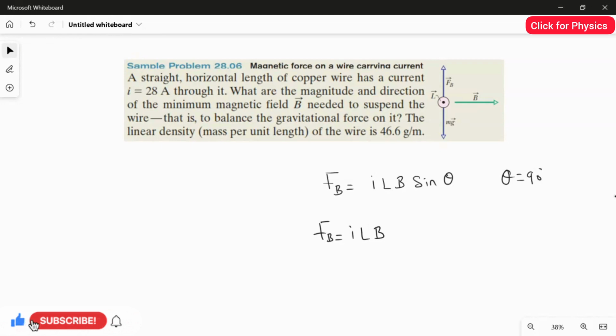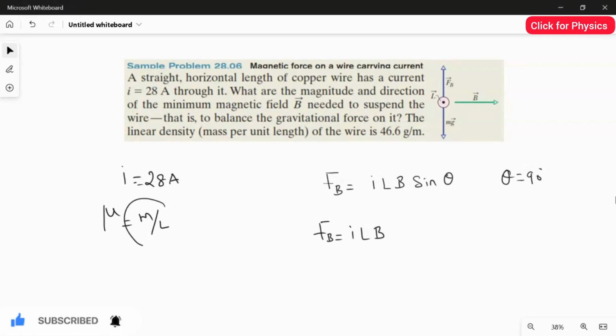Clear? Okay. The most important thing, the given information in the question is I equal to 28 ampere, and they also gave the information about the linear density. Generally we denote the linear density with mu, which is equal to mass per unit length.